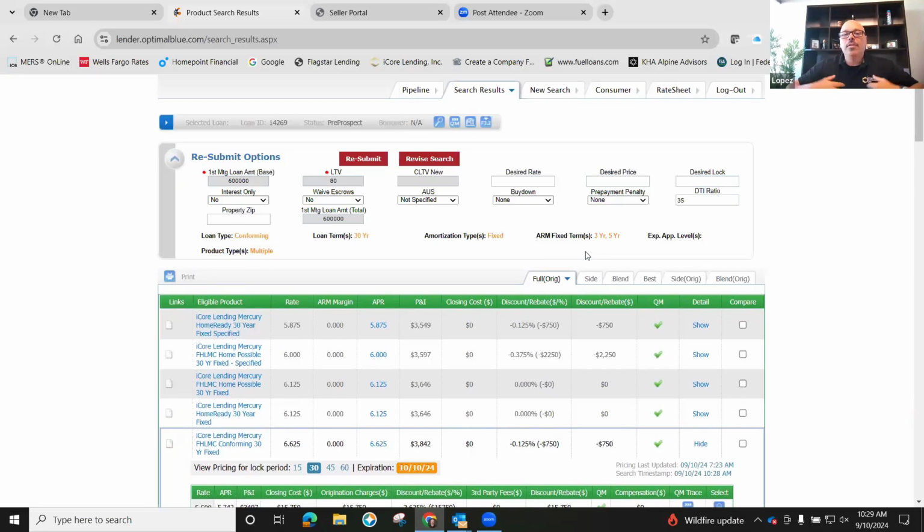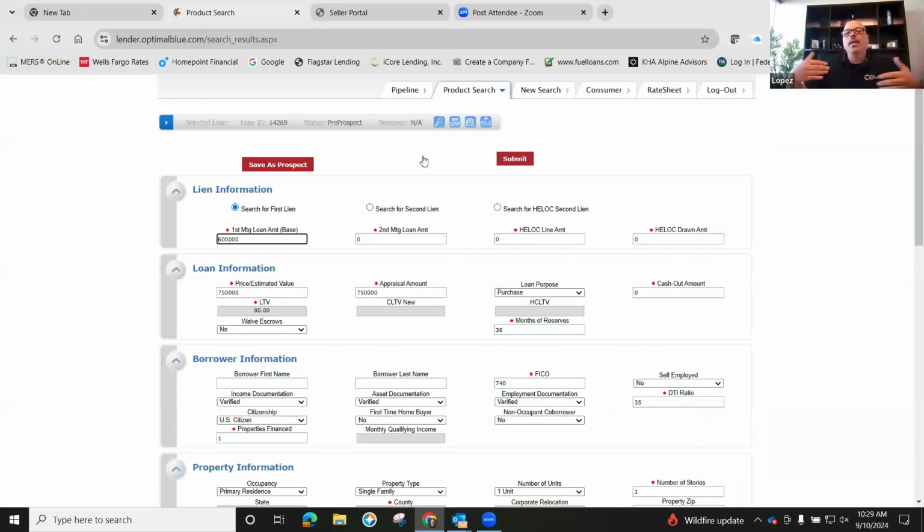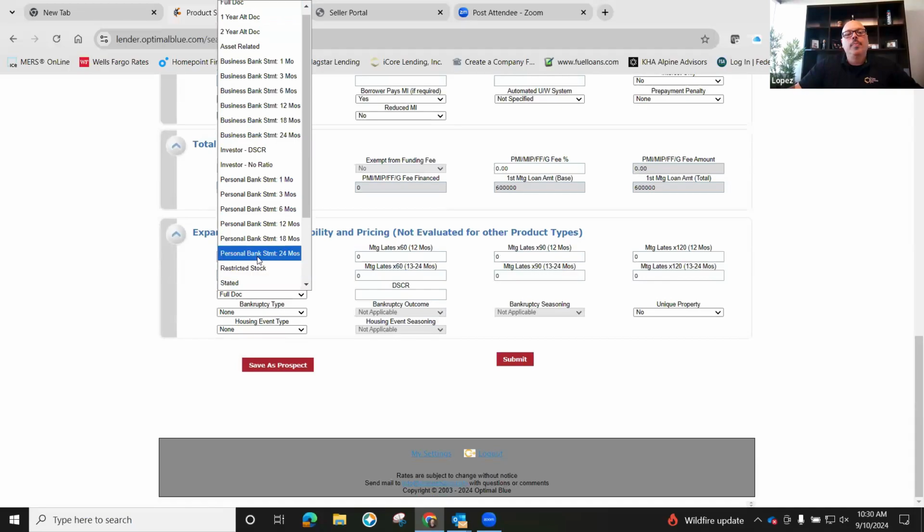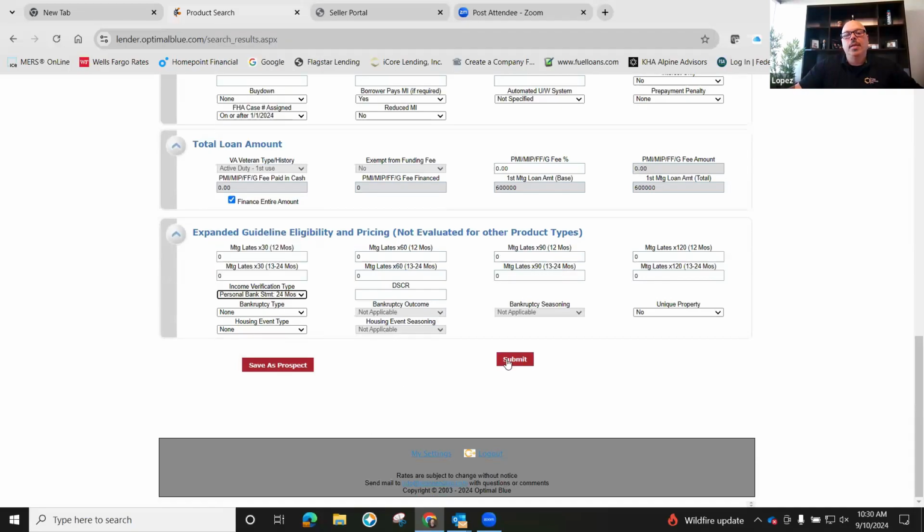So I would suggest if you know what your reserves are, then put those there, because that gives you an accurate result. If I know I'm going to go back to the self-employed 12 months, 24 months bank statements, I'm going to submit it.